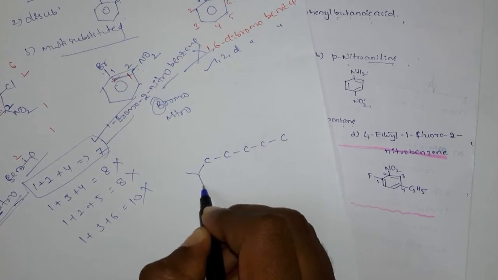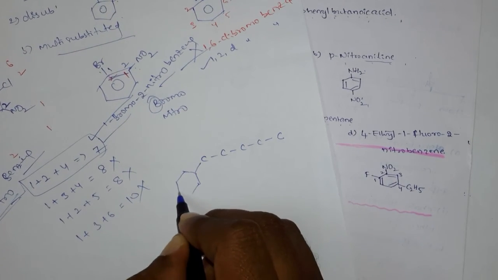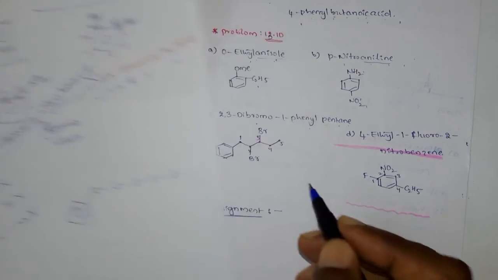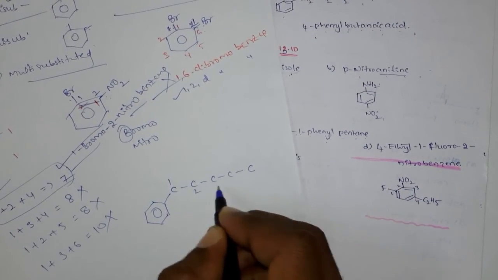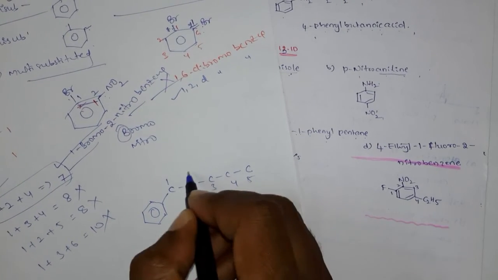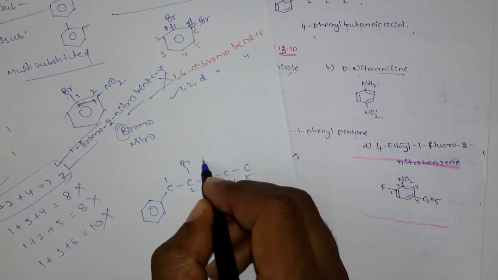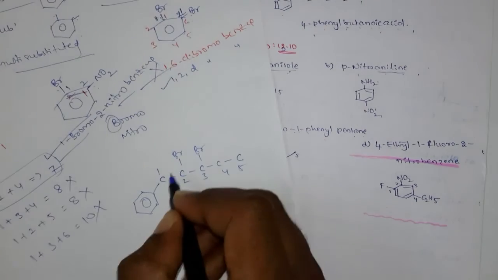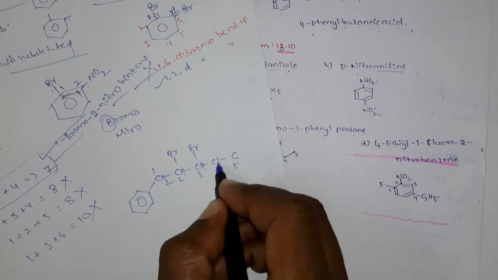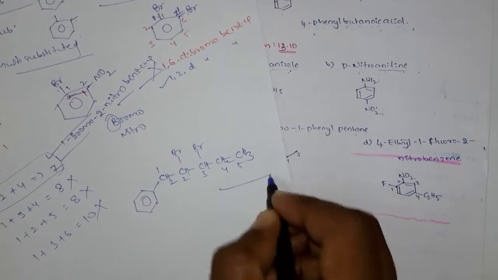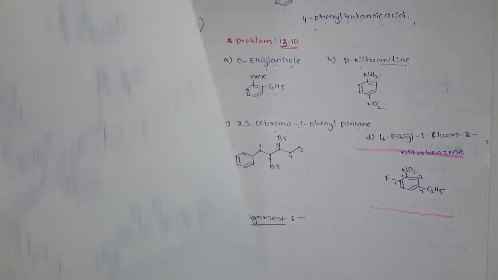Here is the phenyl. Phenyl means benzene. Okay, next 2, 3 dibromo. So here you are numbering from here 1, 2, 3, 4, 5. So at the second position bromine is there, third position also bromine is there. So simply substitute the remaining hydrogens: CH2, CH, CH, CH2, CH3. So this is the structure.